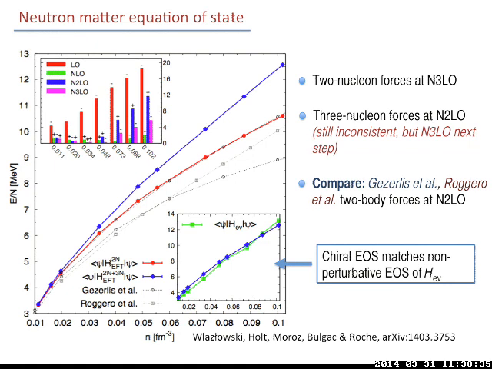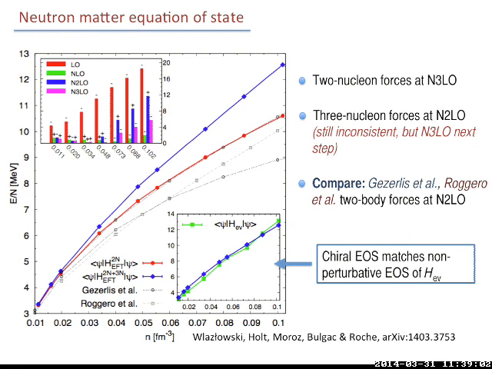This is Alex Gezerlis, Achim Schwenk, Evgeny Epelbaum, and their collaborators. They derived a set of nuclear potentials at different resolution scales, and their band is shown by these dotted lines, I don't know if you can see it. Their scale dependence is in here, and for some reason we're right on top of one of their potentials.